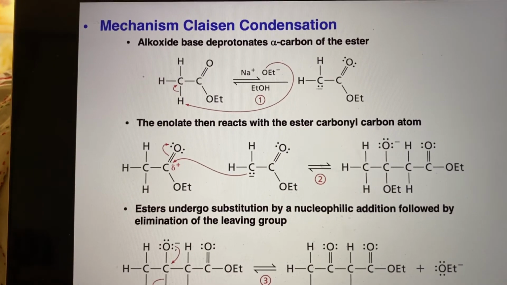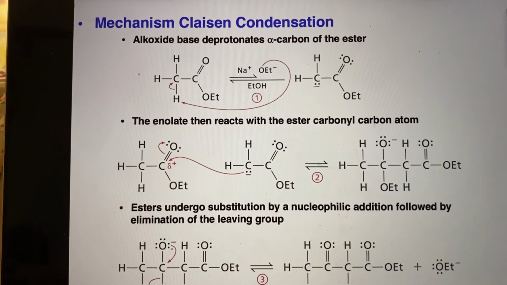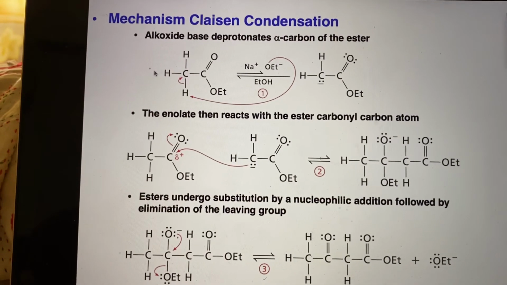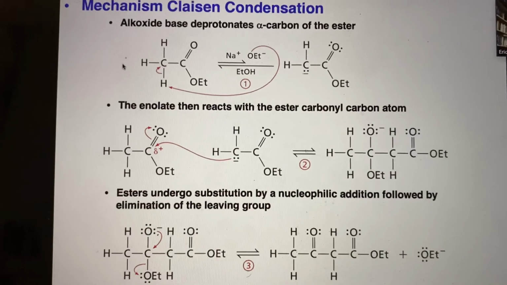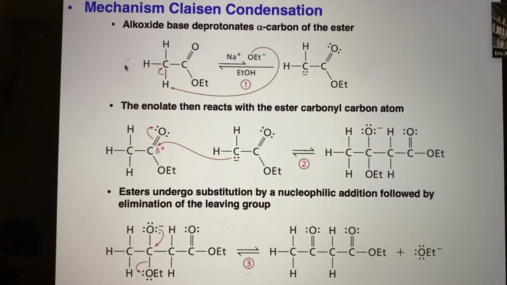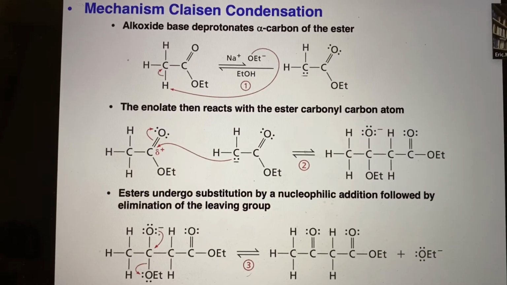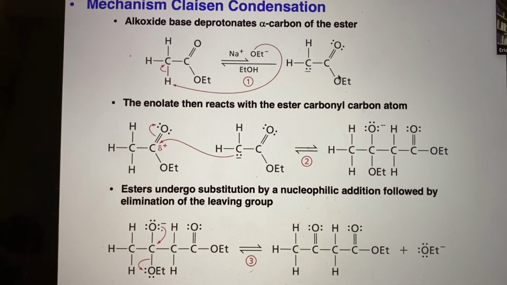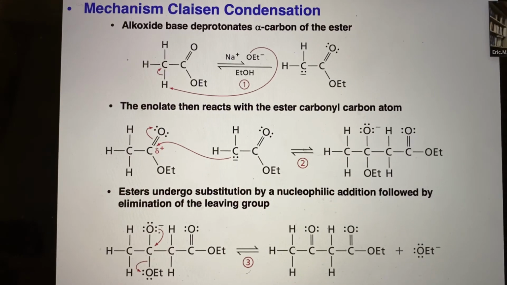Now, one of the things I don't have here is the pKa values. The pKa value for this guy, please write this down, is 25. The pKa value for ethanol is what? 16.